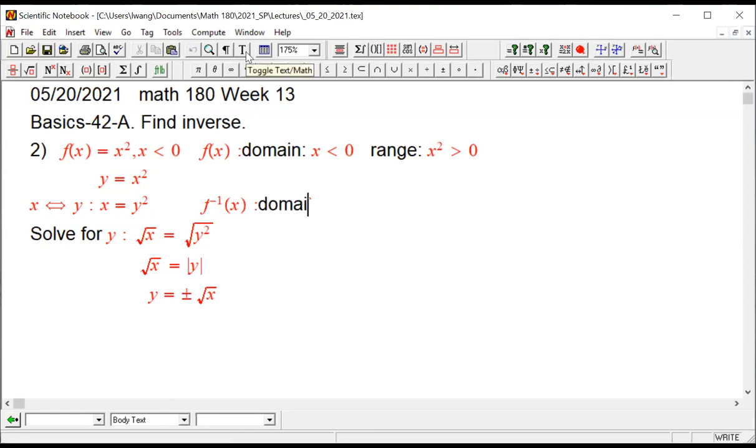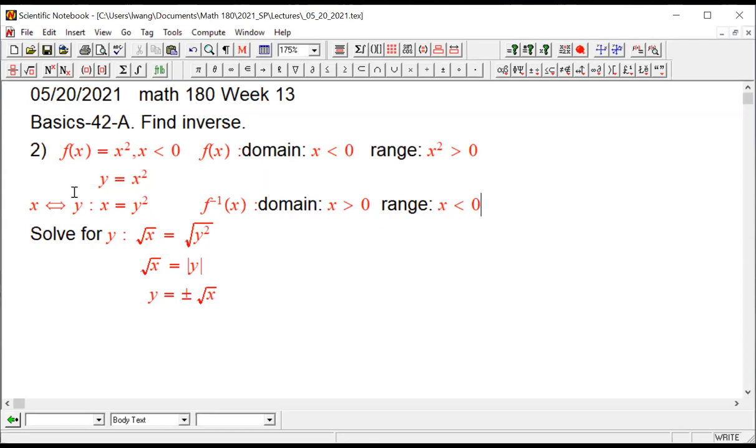Now the x is the domain, in this case it's going to be x larger than 0. And the range is going to be y less than 0. Do you guys see that? Remember, if a function has an inverse, one's domain is always the other's range. Always.